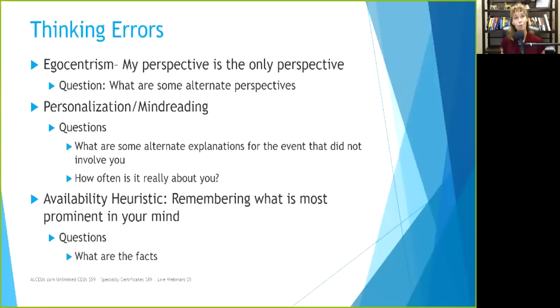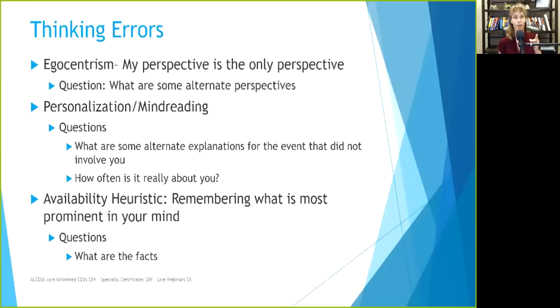This can also be true with people, remembering what's most prominent in your mind. Sometimes, and this can be very, very true in domestically violent relationships, if somebody falls in love with someone and that person is just the greatest person since sliced bread for the first 4 months, and then the cycle starts, and there's this little tiny sliver of the honeymoon period after the battering cycle, and the person's like, that's the person I fell in love with.